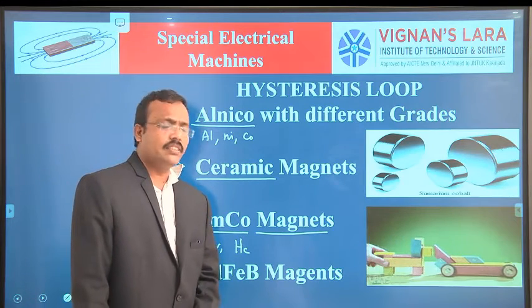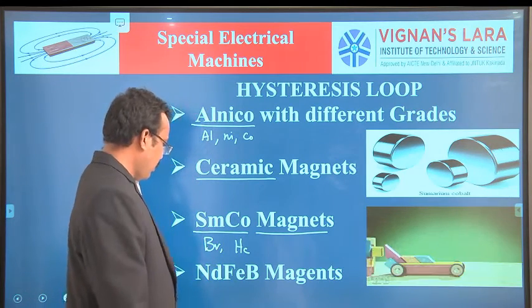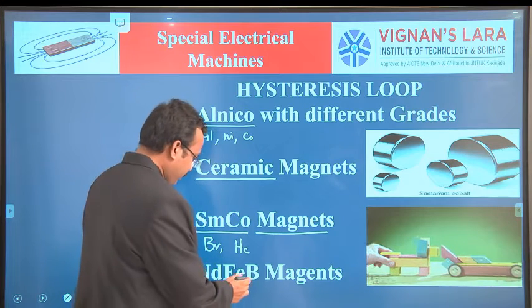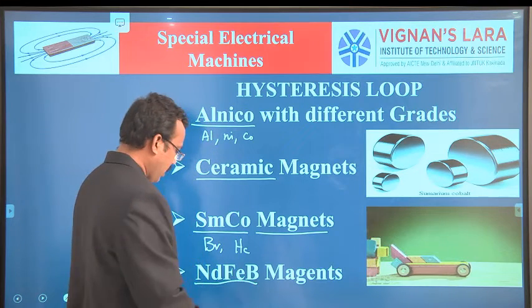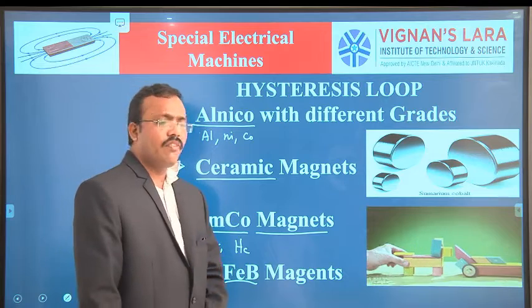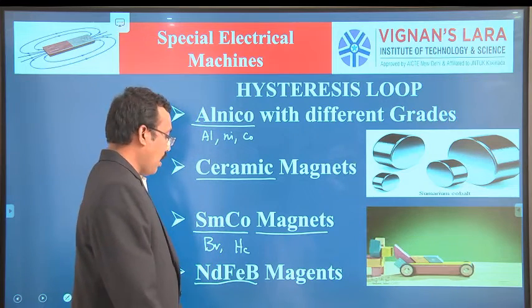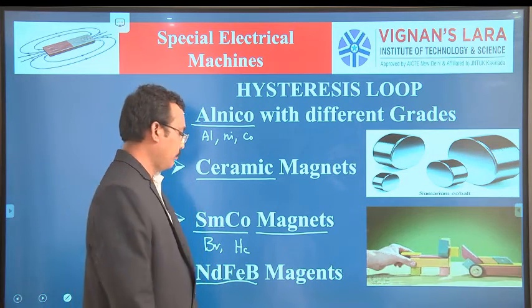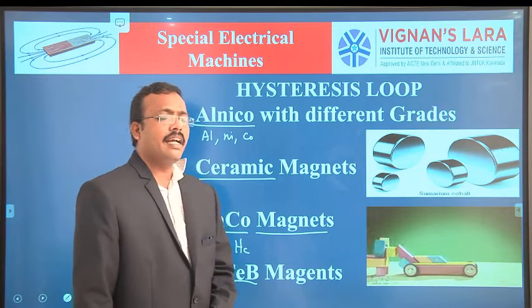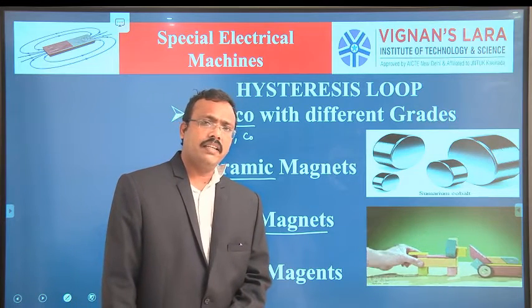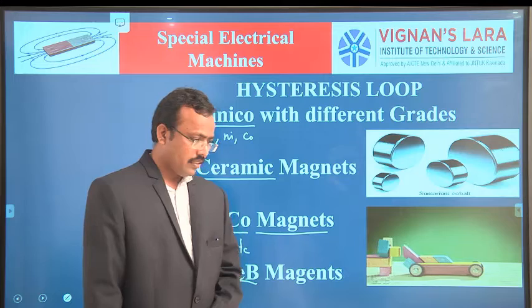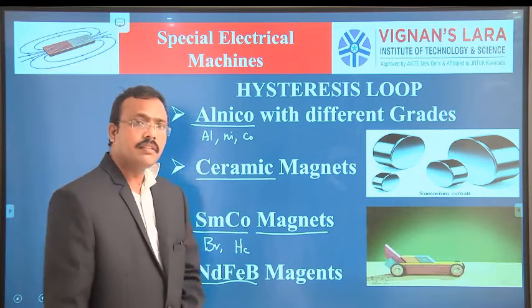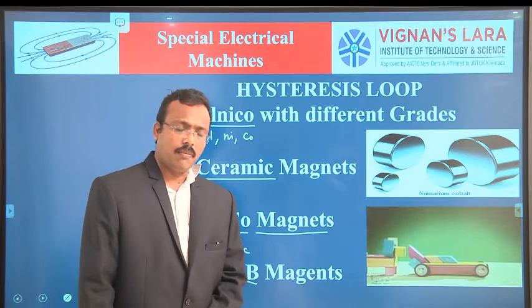The next magnet is the NdFeB magnet, an alloy of neodymium, iron and boron. This magnet has the strongest magnetic properties among these magnets.